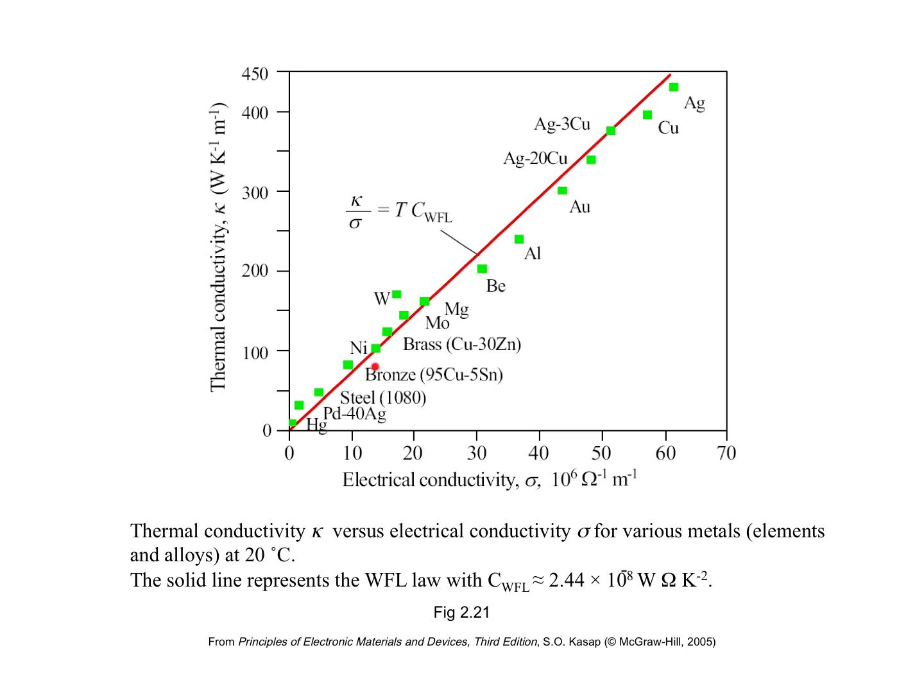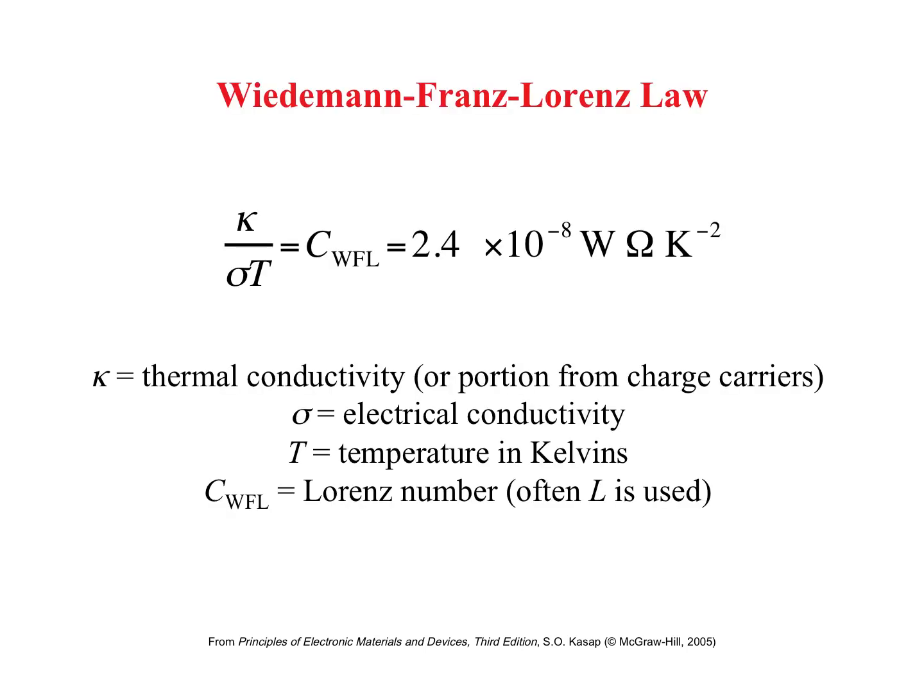This strong relationship for metals suggests that the same carriers that carry the electrical conductivity are also carrying heat, providing for a very high thermal conductivity. The Wiedemann-Franz law is often written as thermal conductivity kappa divided by electrical conductivity sigma times absolute temperature T equals a constant, where this constant is known as the Lorentz number.